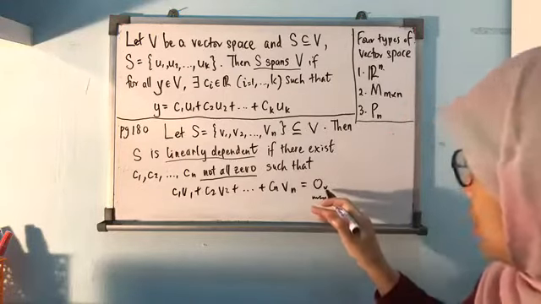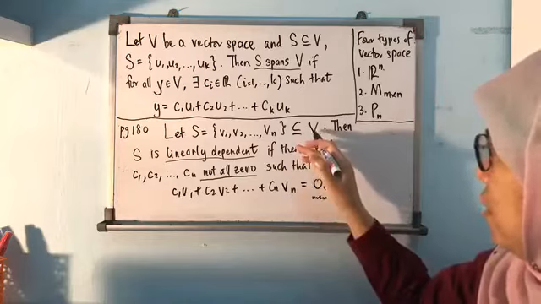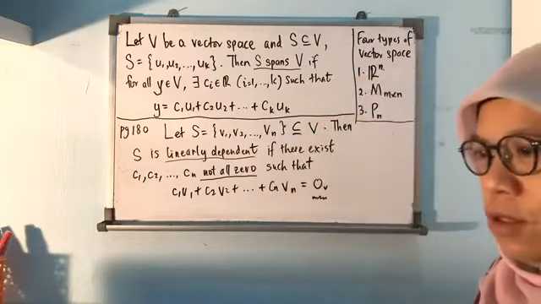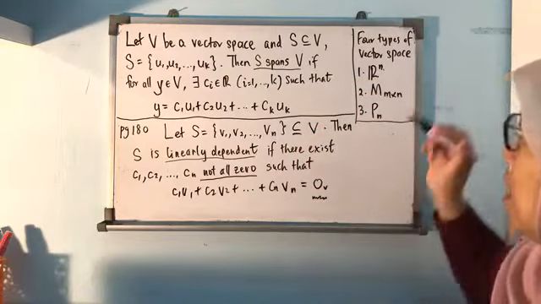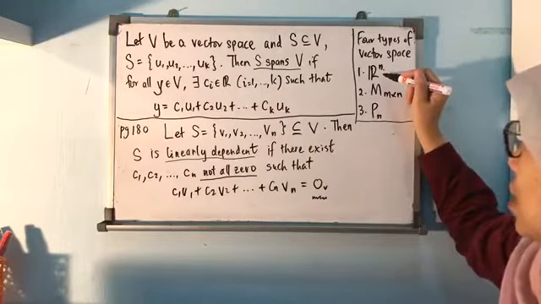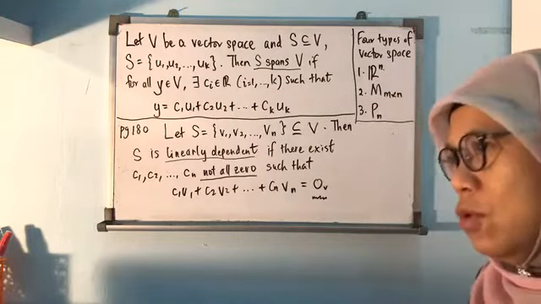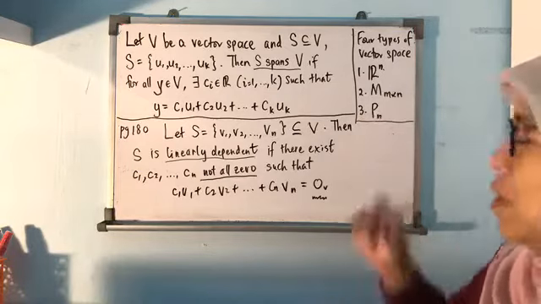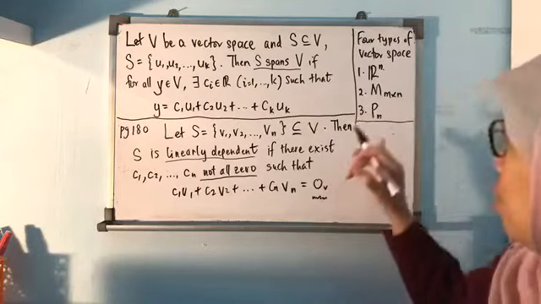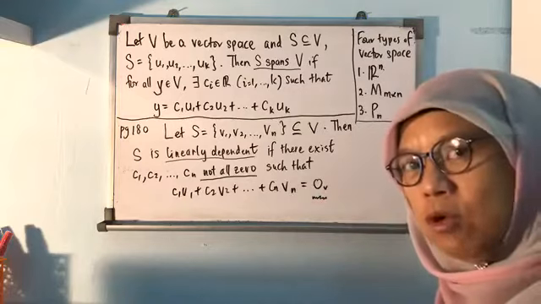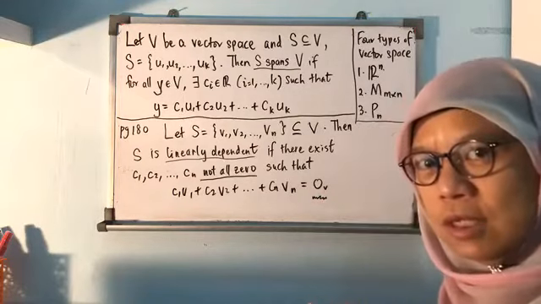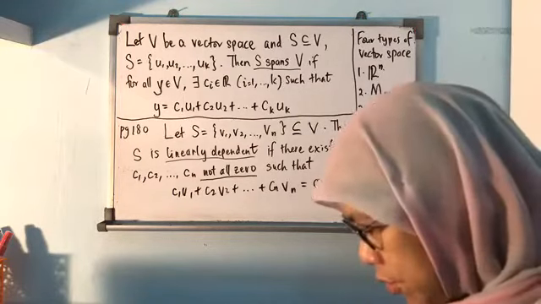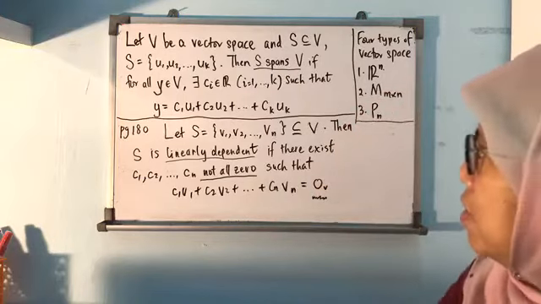So the zero vector you will know from V will be one of these. The zero vector for R2 will be 0, 0, R3 will be 0, 0, 0, right? For matrices, they're all zeros. For polynomials, the zero vector is the zero polynomial, which is just 0, right? So this is the definition.